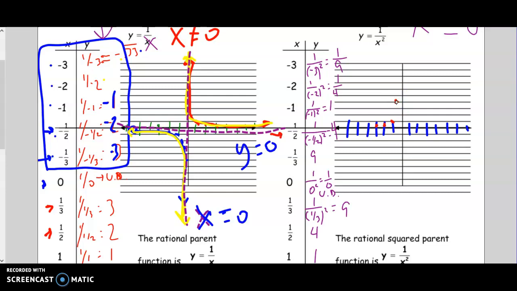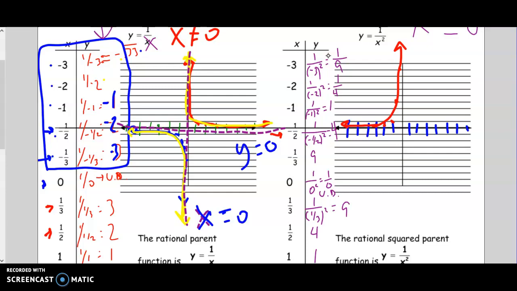So 4, 5, 6, 7, 9. So it's going to grow really, really, really quick. On the back end, it gets closer and closer to 0, never approaching it. You get 1/9 right here, 1/16, 1/25. It gets smaller and smaller, but never approaching 0.